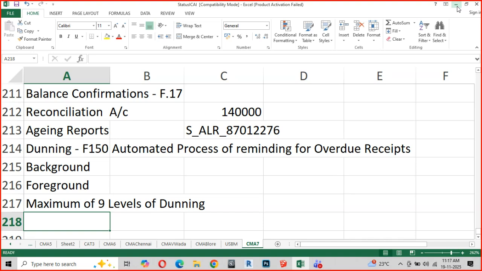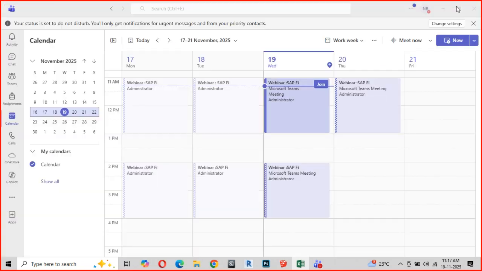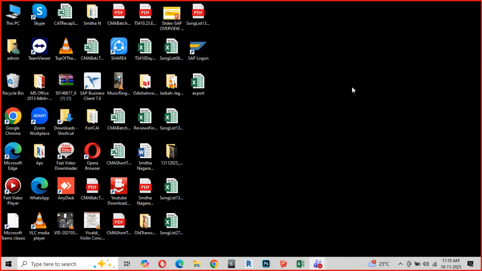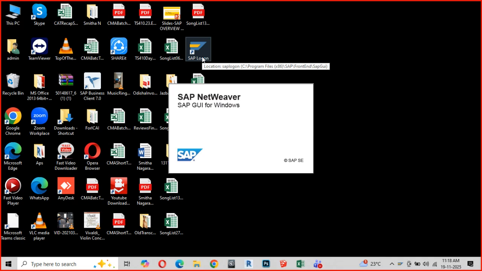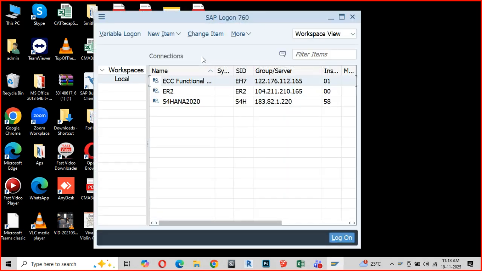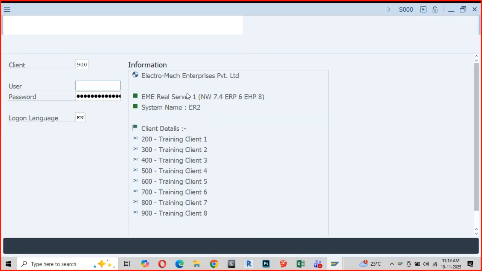If you remember, we had attached a dunning procedure in the correspondence tab of the customer master data, in the company code level of information. Yesterday, how did we trigger the dunning procedure?